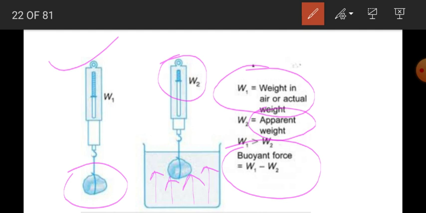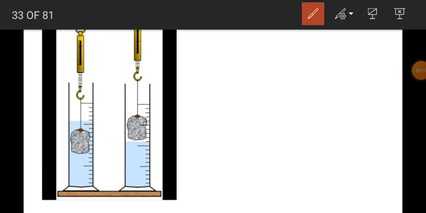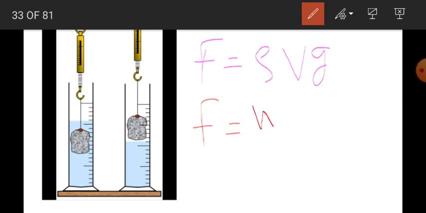So the bottom line is there are two formulas using which we can calculate the upthrust. So let me write down the formula here for the upthrust. First formula is in terms of density of the liquid, volume of the liquid and acceleration due to gravity. Second formula is upthrust, also known as buoyant force, equal to W1 true weight minus W2 apparent weight.